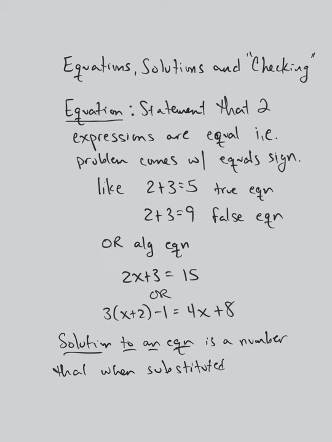Whenever we plug that number in for the variable, we say we're substituting it. And so it's a number that when substituted is going to give a true equation. Okay, and so if that's not really clear, I'm going to show you some examples in the next thing. Whereas sometimes we think we have a solution, but we go and substitute it in, and it'll give a false equation. And in those cases, the number would not be a solution.